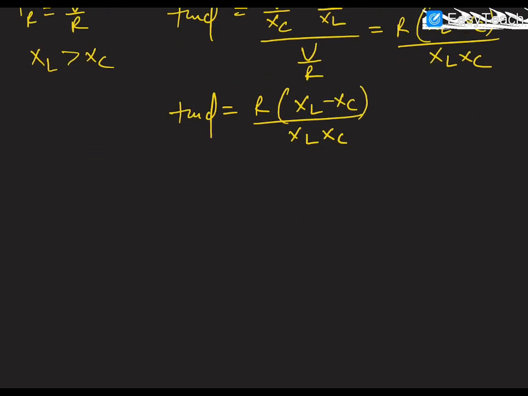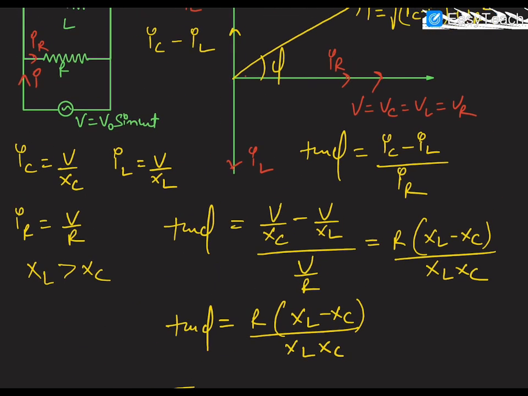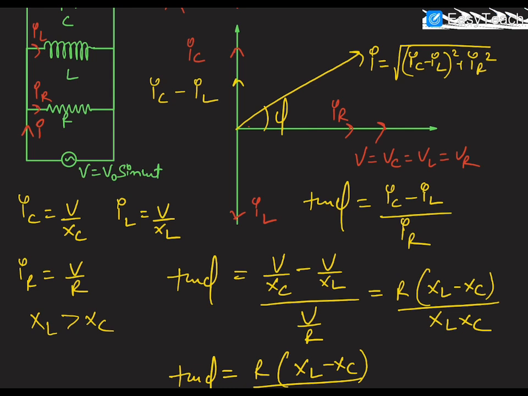And we can write the time-based equation of current as I is equal to I naught, and I naught can be written as V naught by Z, sine of omega t plus phi, because in this scenario we have assumed that the current leads the voltage.